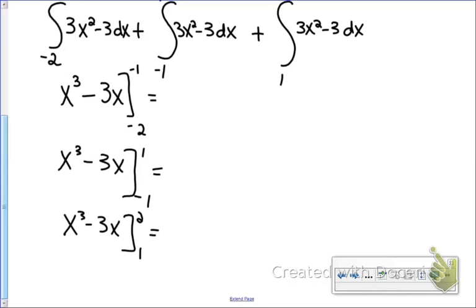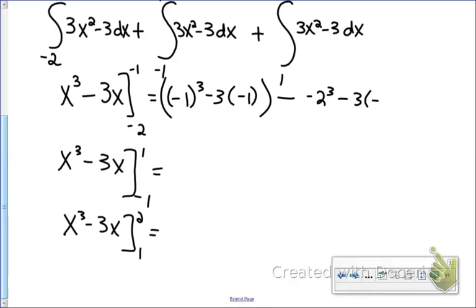We do f of b, so -1 cubed minus 3 times -1 minus f of a. So that would be -2 cubed minus 3 times -2. Get an area for that. And we do the same thing here. F of b would be plugging in 1. 1 cubed minus 3 times 1.